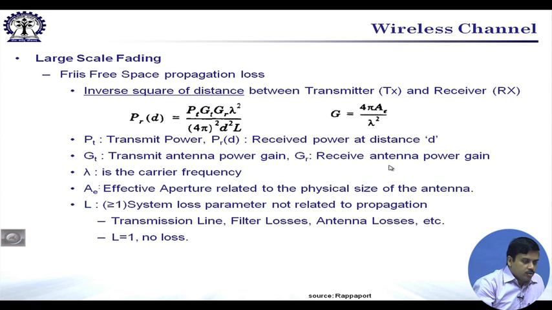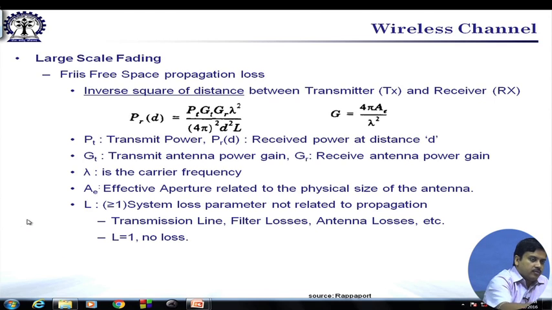As described shortly, PT is the transmit power, PR(d) is the received power at a distance d, where d is the separation between the transmitter and the receiver. GT is the transmit antenna gain, GR is the receive antenna gain, lambda is the wavelength, and AE is the effective aperture.